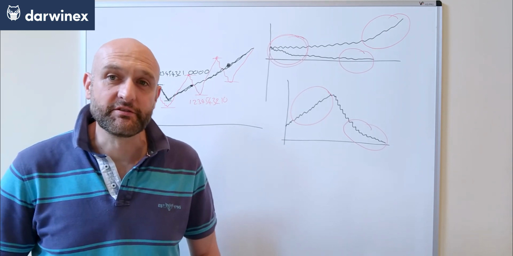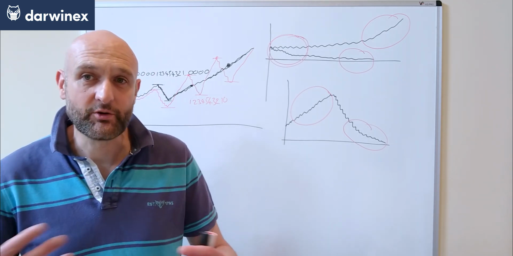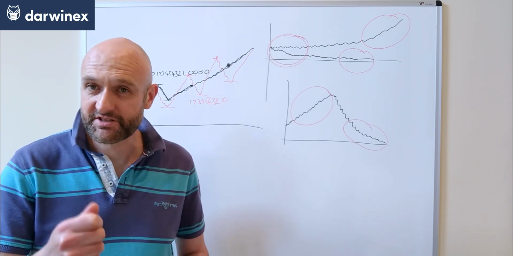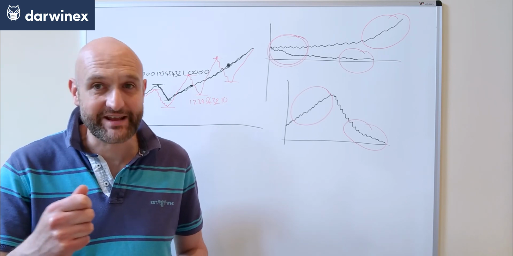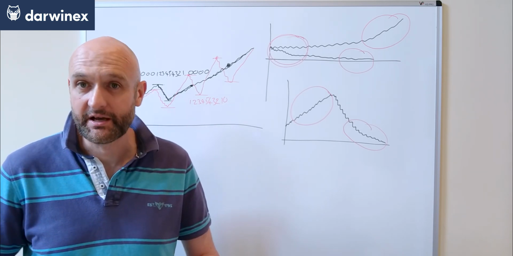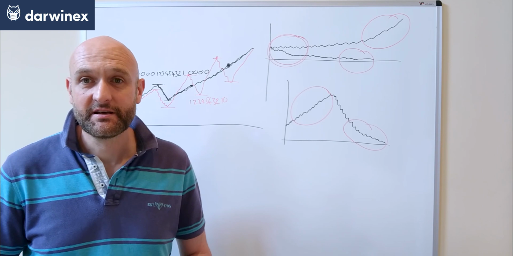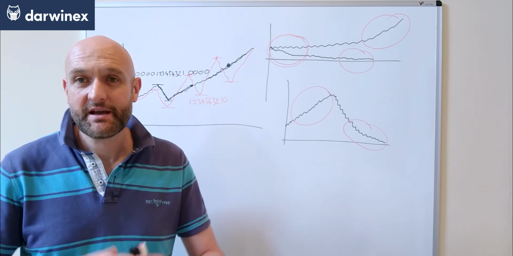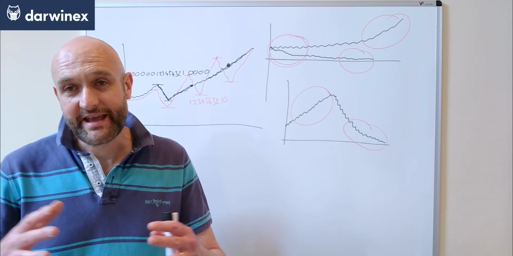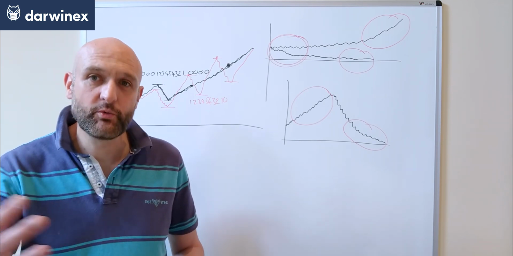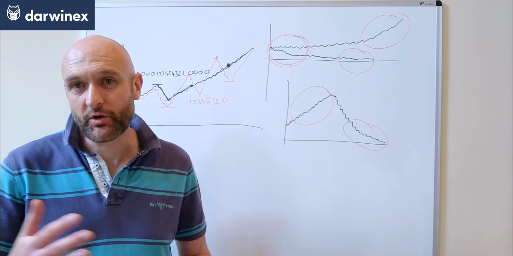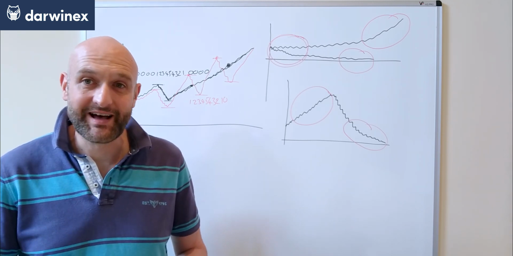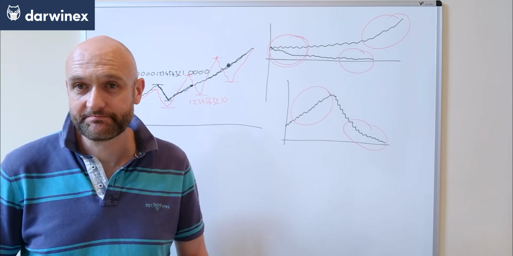Now the calculation of the average drawdown here is really quite simple. All that you need to do is to store equity values at set intervals, and that might be every hour or every day depending on how long your backtest is, and store those drawdown values at that point in time in an array. And then at the end of the backtest, you can work your way through that array and work out what the drawdown was at any point in time and sum up all of those values and then find the average.